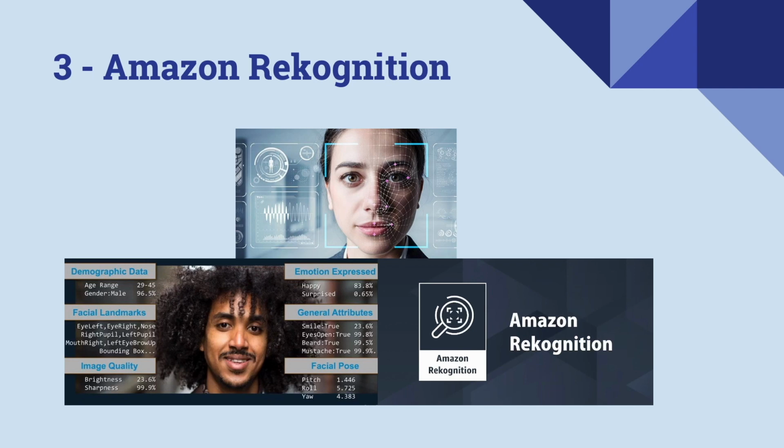So now let's meet the third item of that serverless architecture. Number 3, Amazon Rekognition. Amazon Rekognition is a cloud-based image and video analysis service that makes it easier for you to add computer vision capabilities to your applications. There is no need for maintenance or configuration to use this fully managed service. And even though Amazon Rekognition is powered by AI and machine learning, no machine learning expertise is required for you to use these capabilities.